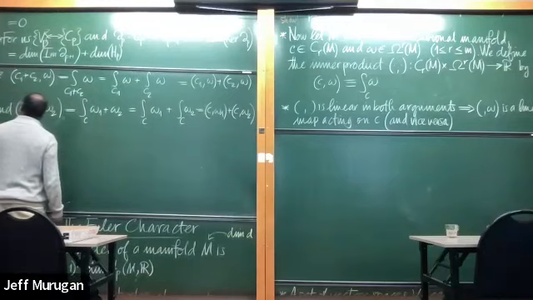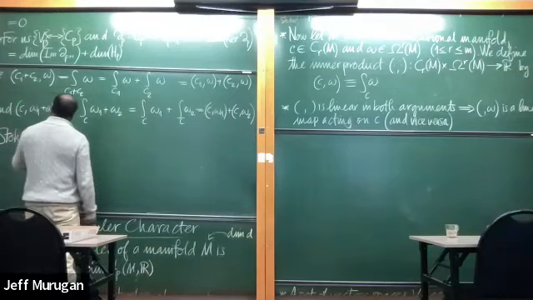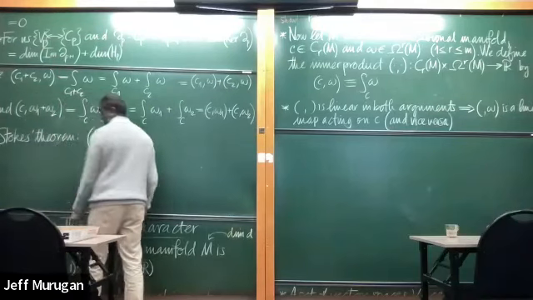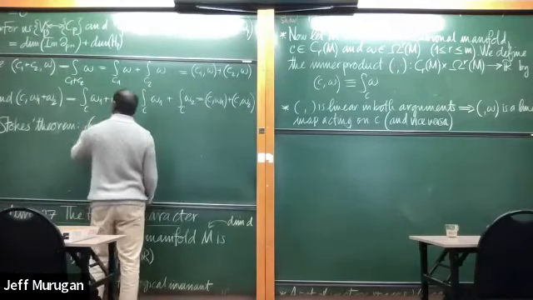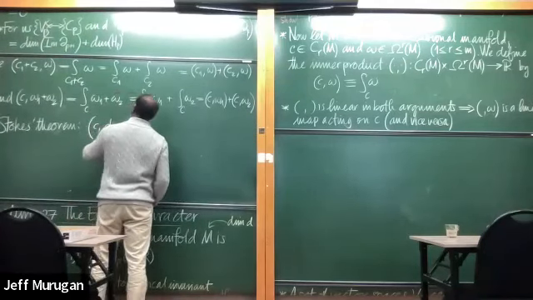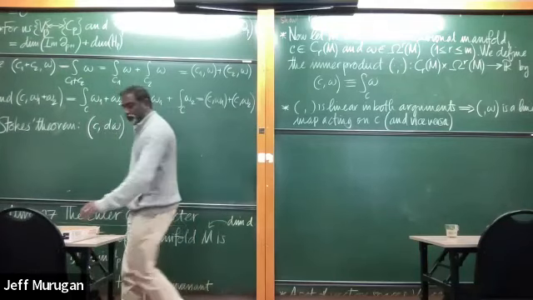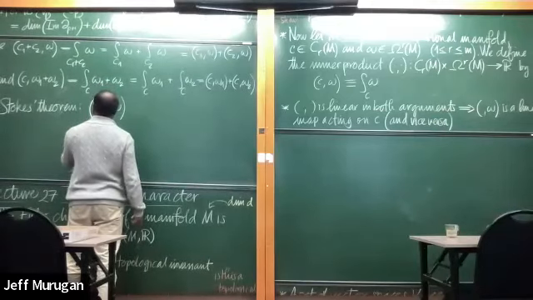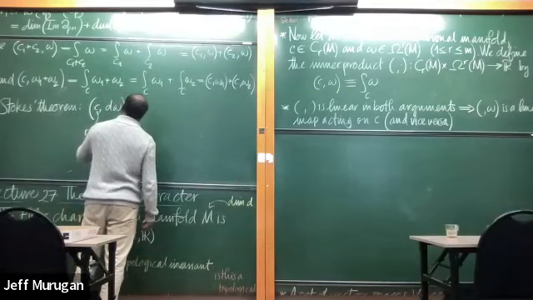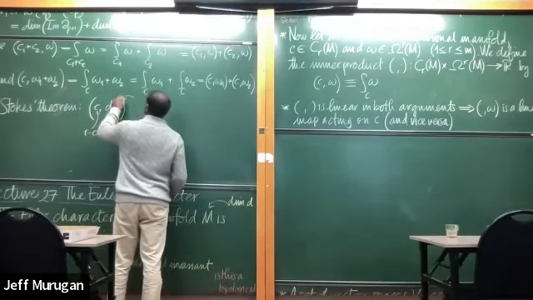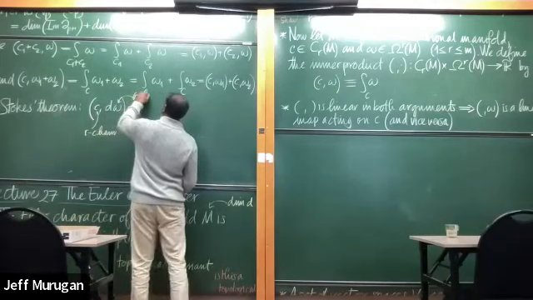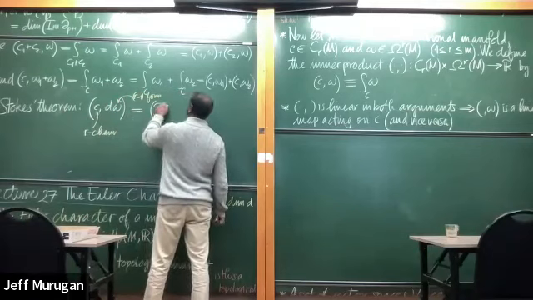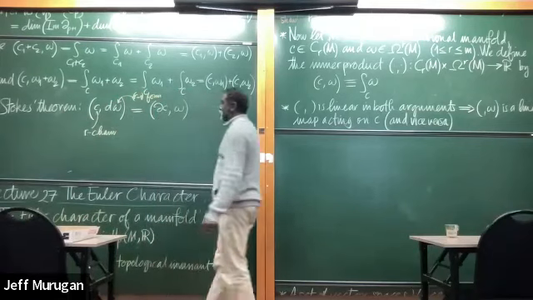Stokes' theorem then says that the inner product of a chain C with d omega, if C is an r chain and omega is an r minus 1 form, is equal to the inner product of dC with omega.